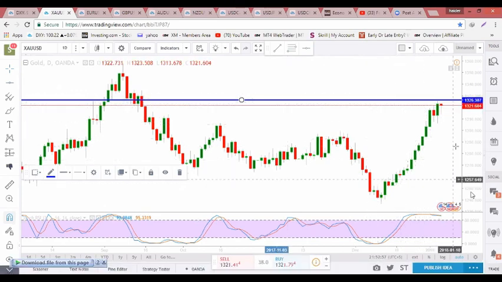The market can retrace until 1290, or until this level 1294, even here 1276. So anything is possible. Let's believe the gold might retrace back, because it has made several attempts to go above 1326, but it did not manage to go above this one.